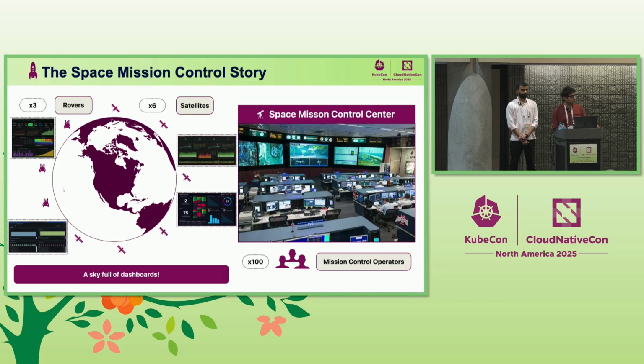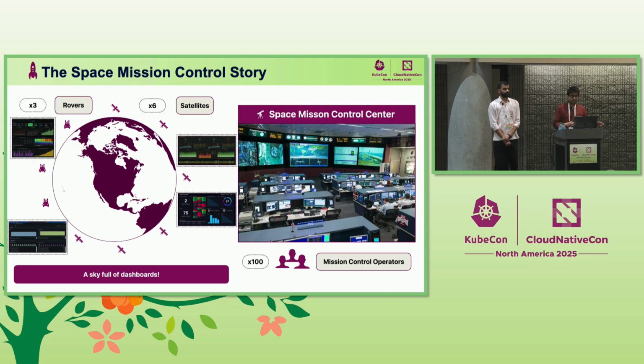To talk about this, we thought it'd be interesting to take a scenario where you're responsible for a lot of critical systems which emit a lot of data, and where not having observability can be catastrophic. So let's imagine we're running a mission control for a space program. We have 6 satellites, 3 rovers, and 100 engineers who are monitoring power, communication, battery life across countless dashboards at any given time.